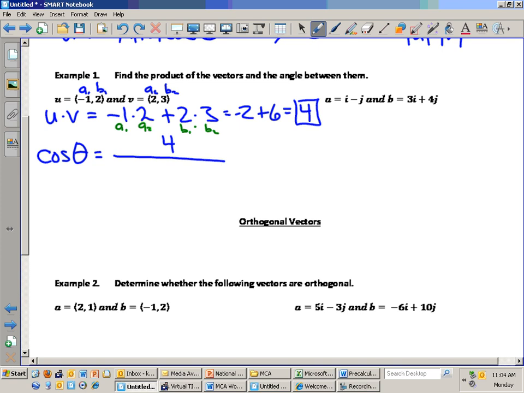Square root of A squared plus B squared. Square root of A squared would be -1 squared plus B squared would be 2 squared, times square root of 2 squared plus 3 squared.